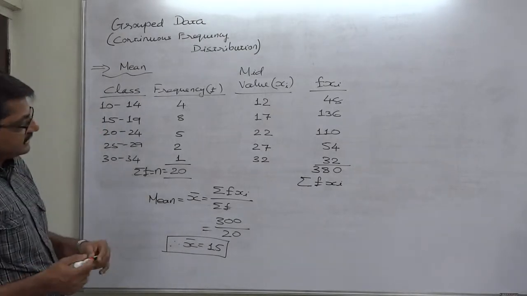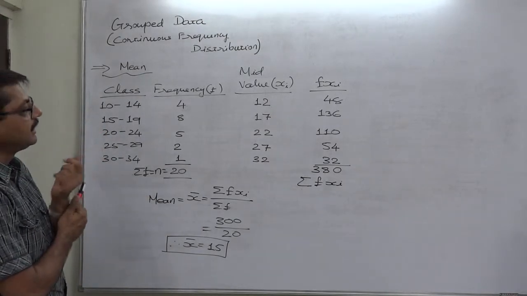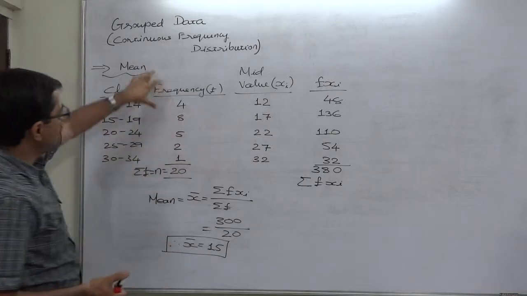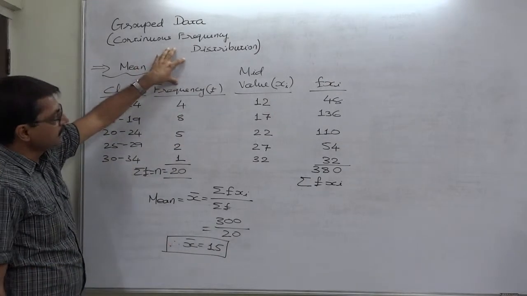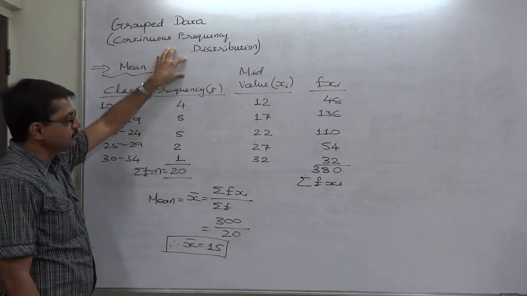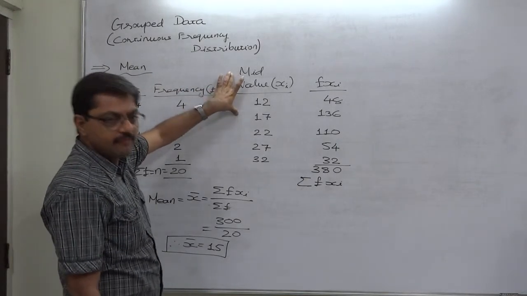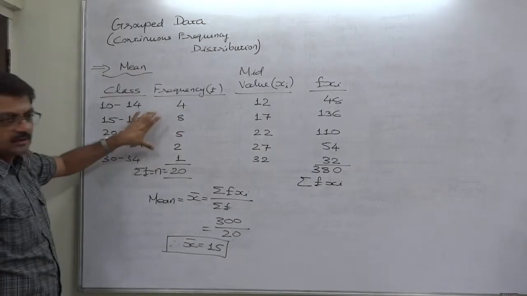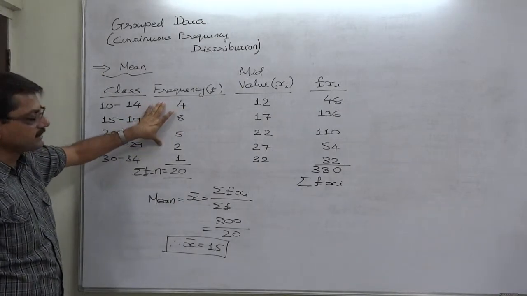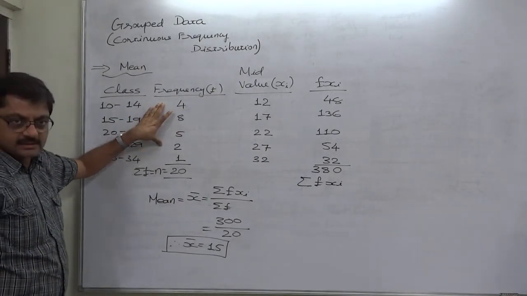So in this case, we learned that mean of a grouped data or continuous frequency distribution is actually the mean of mid values of the class intervals, where we consider frequencies as weights.